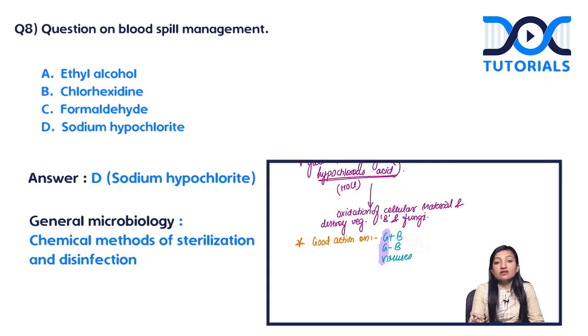A few minutes back I was talking about phenol, where I told that it has got good activity on GGM, that is G plus bacteria, G minus bacteria and Mycobacterium tuberculosis. Now over here, as far as the good action is concerned, I have just replaced MTB with viruses. So over here you have to remember GGV and not GGM.